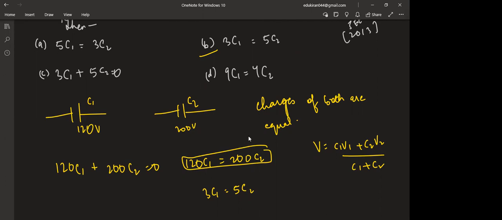If one is negative, it means that one of the charges is negative. This basically means when they are connected, this is plus minus and this is minus plus.